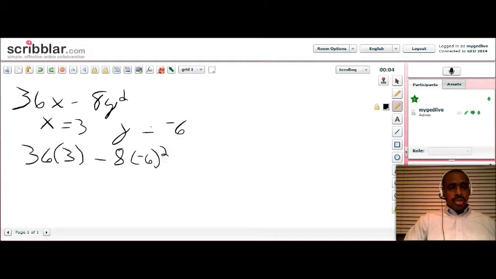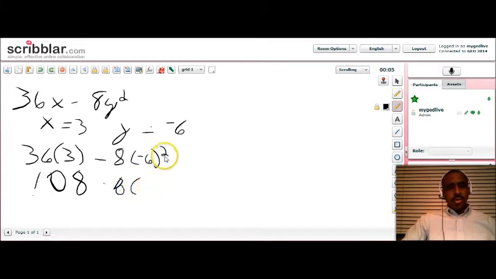Okay, so 36 times 3 is 108, and then we have a minus sign there. Number 8, parentheses there for multiplication.